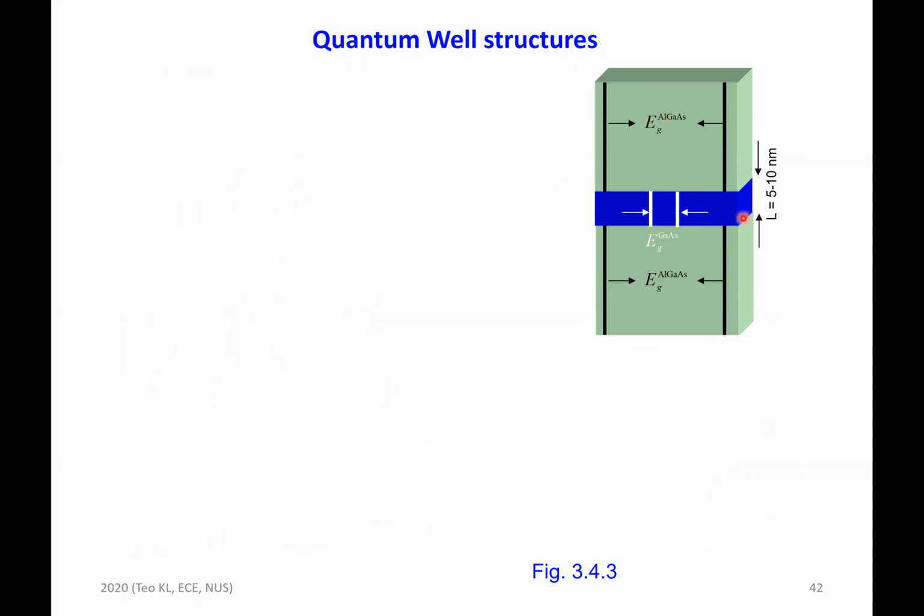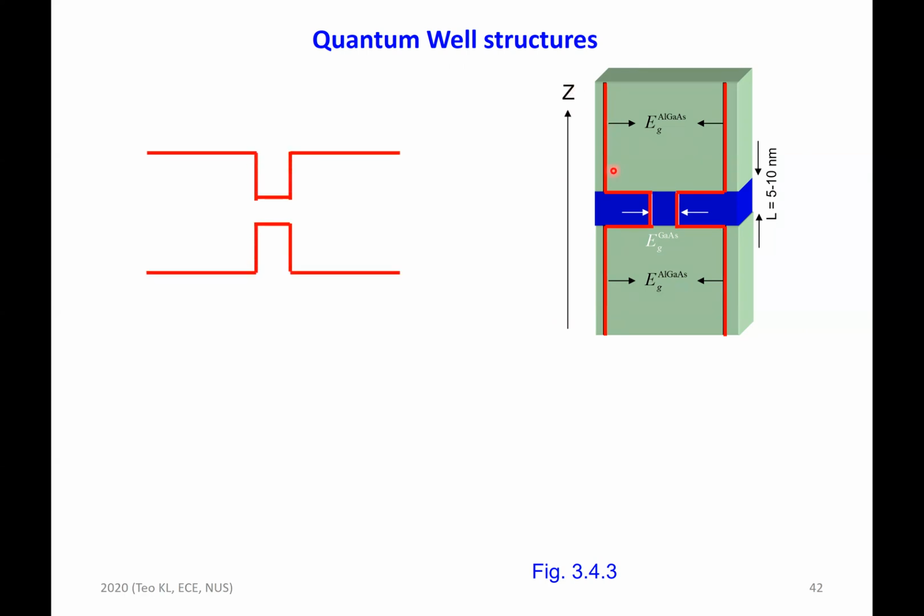The thickness of the gallium arsenide, in order to have quantum size effect or quantum confinement, should be very small, could be in the 5 to 10 nanometer range. So that forms the quantum well, and you grow, let's say, in this direction, which we call the Z direction.